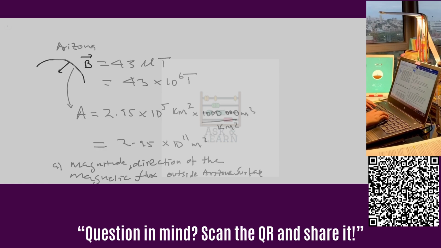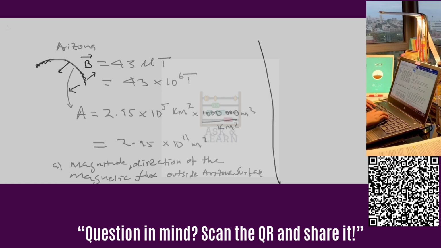So all we're saying is to think about any other surface other than the one in Arizona, so all this stuff and all this stuff. So we want to find the magnitude and direction, and by direction we're saying is it outward or inward.